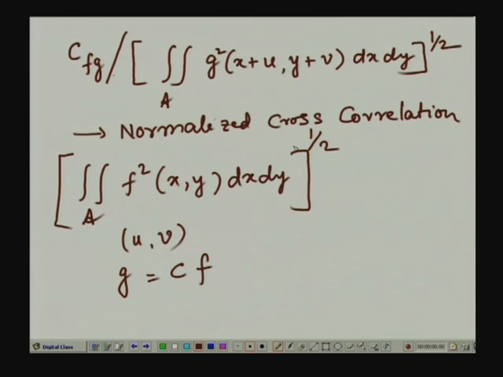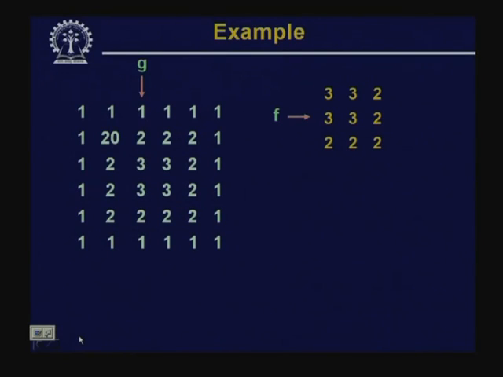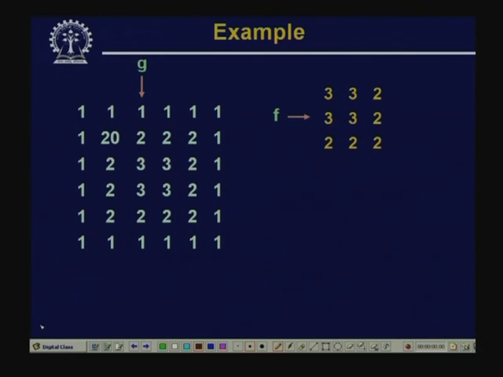Okay. So, now to illustrate this, let us take an example. Say here, this is the image G, given in the form of a two dimensional array of size 6 by 6, and our template is a 3 by 3 matrix, which is given on the right hand side.